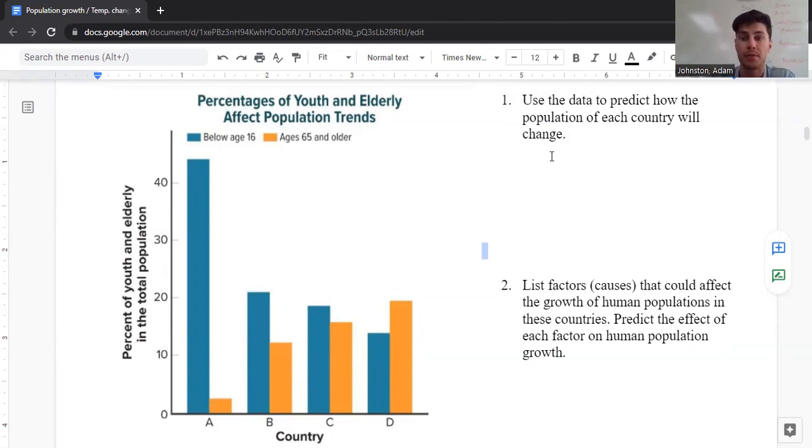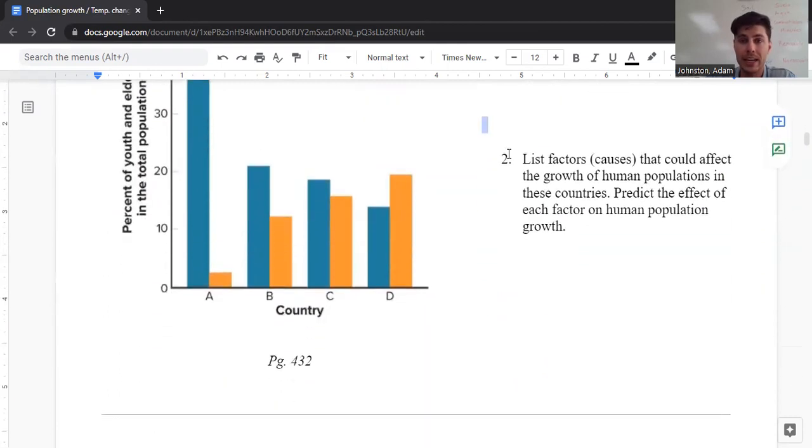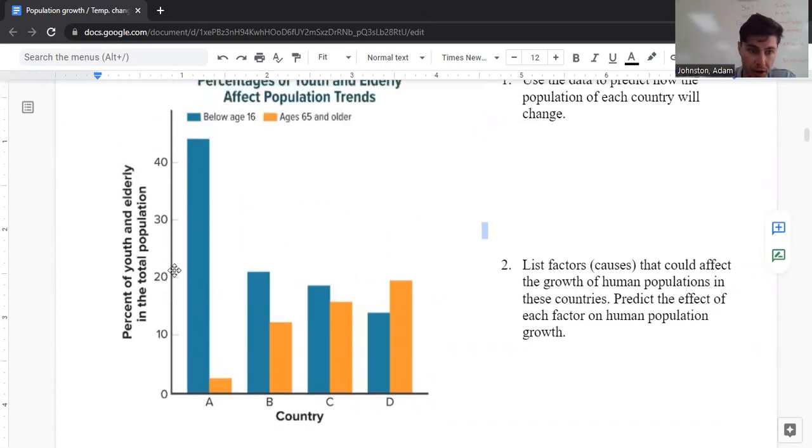After you describe future population changes, in question 2, you will describe why you expect those changes. So for example, you could say in country A, with an enormous population of young people that will soon be childbearing age, you expect the population to increase because with more young people, you see expansions, you see growth, you see rises in the population.